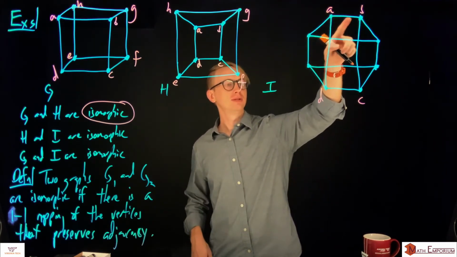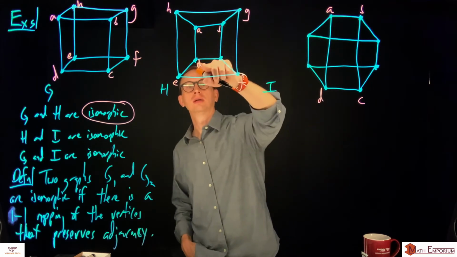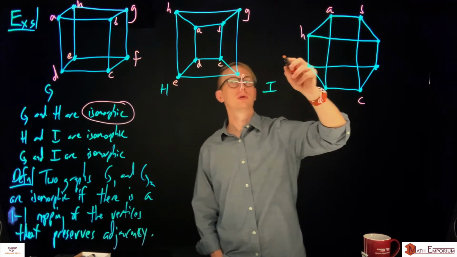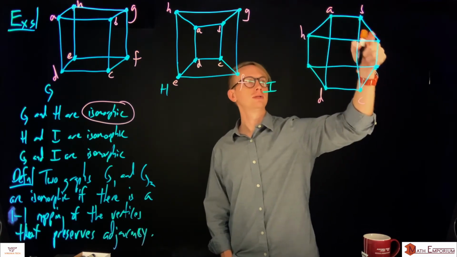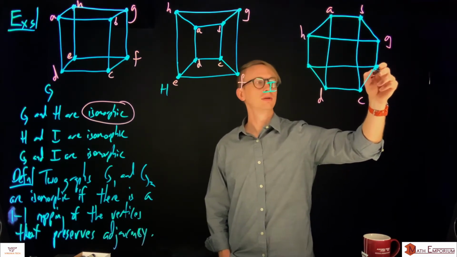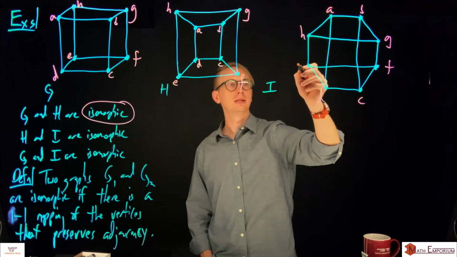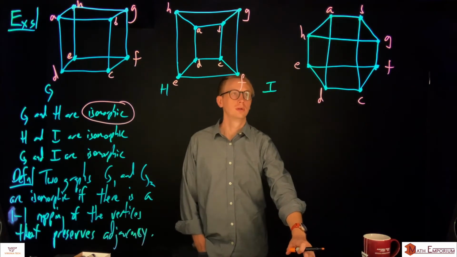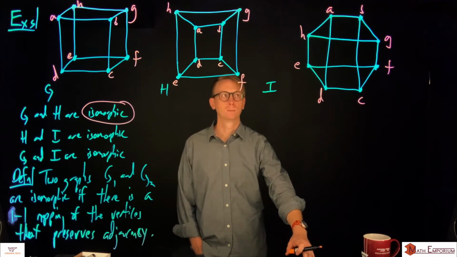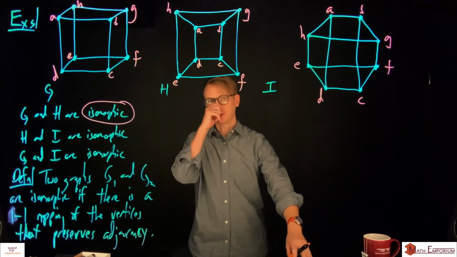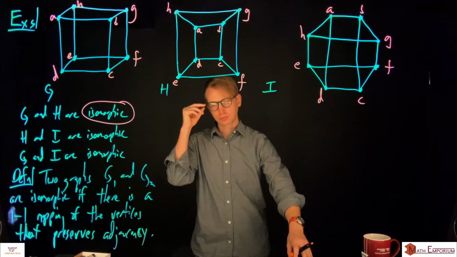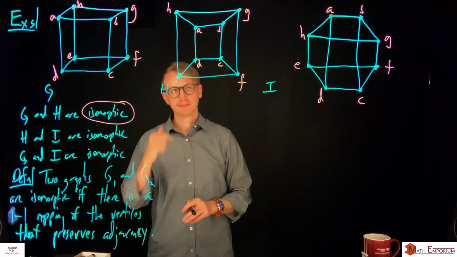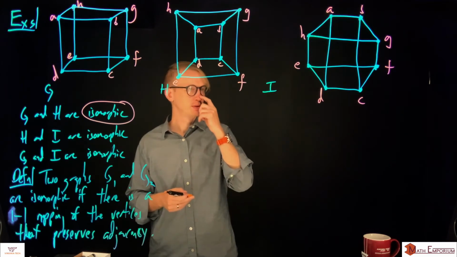Okay, A is adjacent to B and D. It's also got to be adjacent to H, so this has to be H. How about G? G is adjacent to B, so I bet this is okay. F and E. So double check, make sure this makes sense. Okay. So these are three versions of the same graph. Okay. And they are isomorphic to one another.